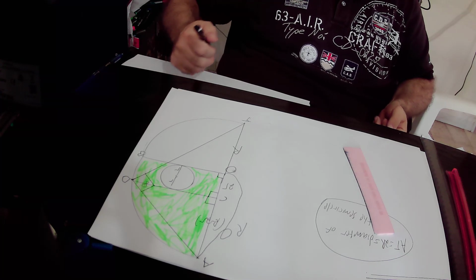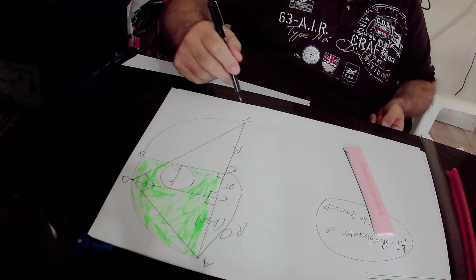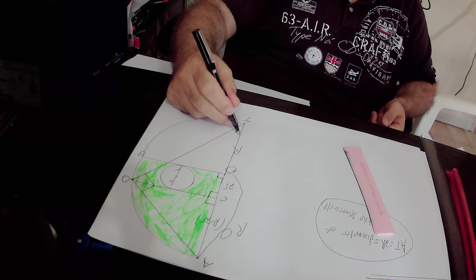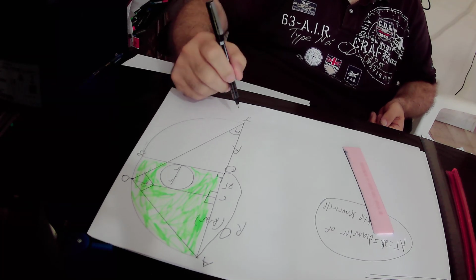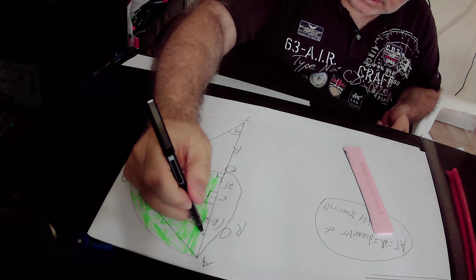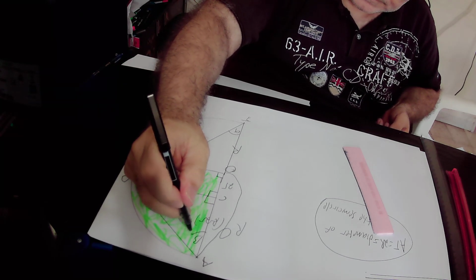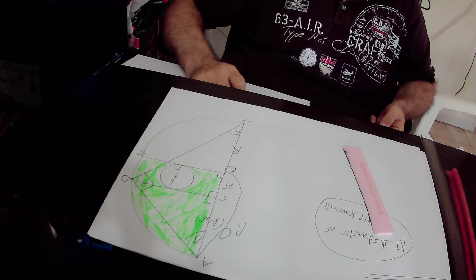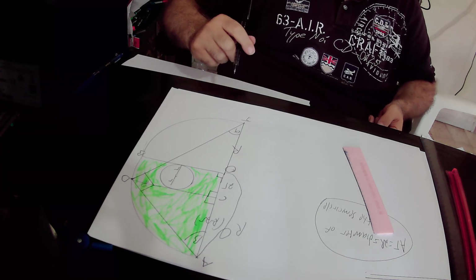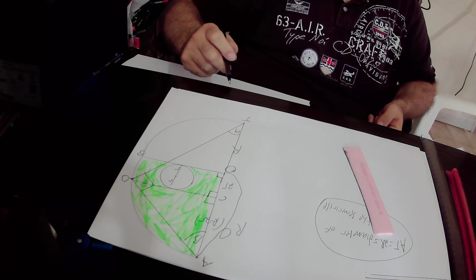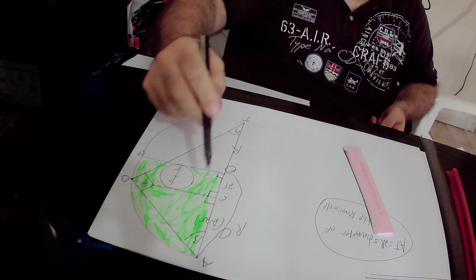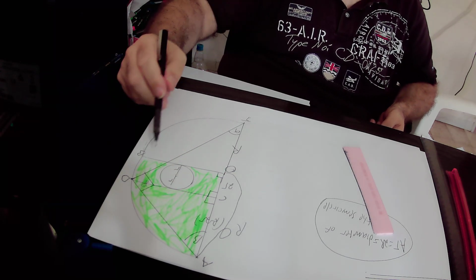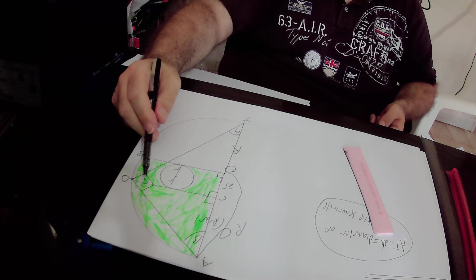In the next step, we'll define angle ATD as alpha, and we'll define angle TAD as beta. We'll focus on the right triangle ADT. In the right triangle ADT, this angle equals 90 degrees.